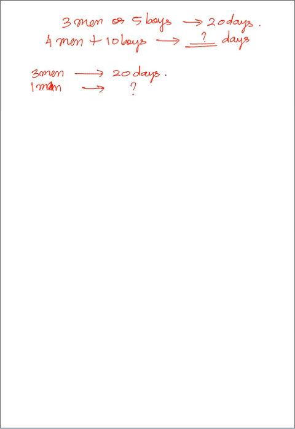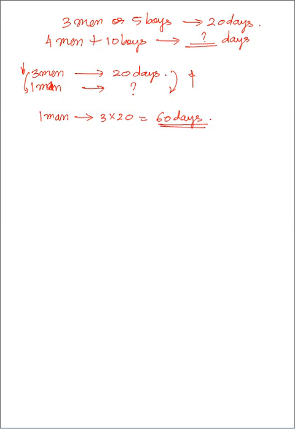The number of men is getting reduced, so the number of days will increase. 3 men will need 20 days, so obviously 1 man will need more days because he is alone. So 1 man will need 3 into 20, which is 60 days, to complete that particular work.